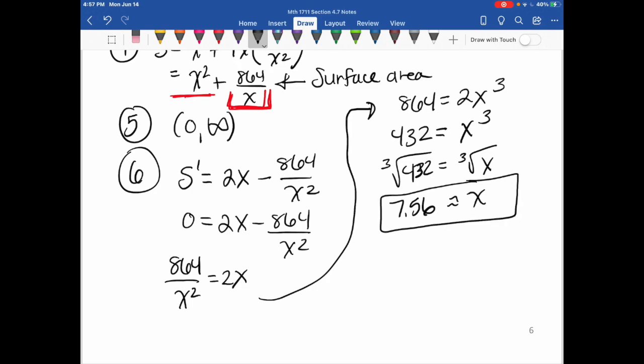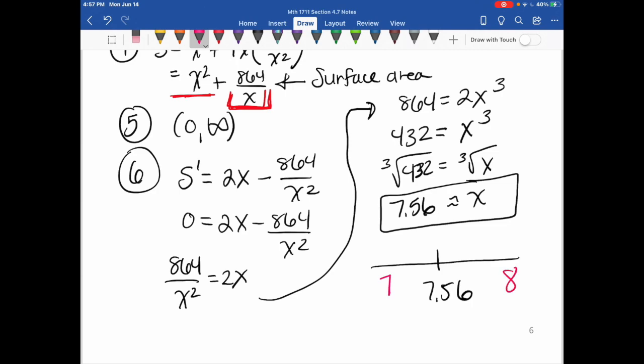Since we don't have endpoints to check here, because it's not a closed interval, we don't have 0 as an endpoint because we're not including 0. And infinity is not a point that we can plug in and check. So since we're trying to minimize the surface area, we're just going to check to make sure that 7.56 is a local min. So I'm going to put this on my sign chart and plug in test points.